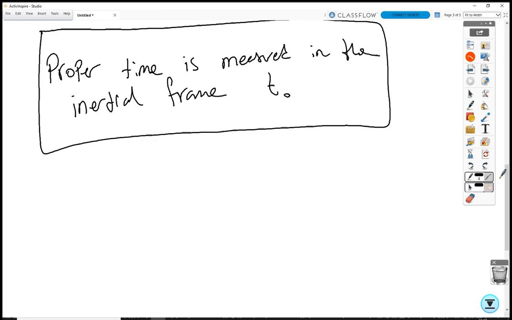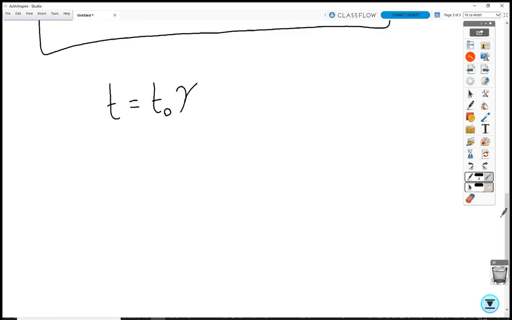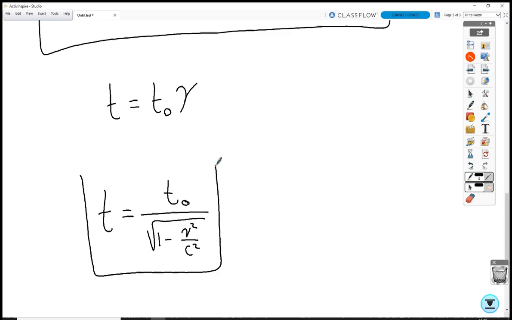So the time measured on Earth is related to the proper time by t equals t naught gamma. And that gives us t is equal to t naught over the square root of 1 minus v squared over c squared.